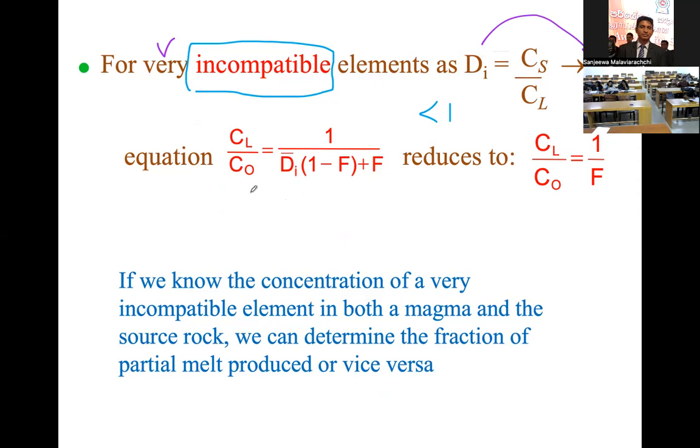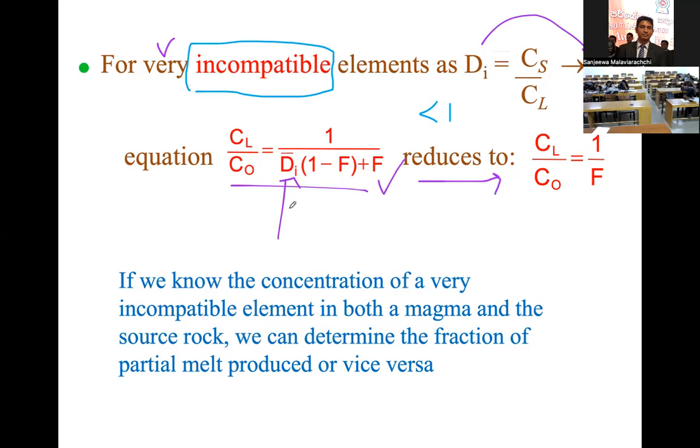So in the batch melting equation, which is this, if D is approaching 0, what happens? This entire term becomes 0, and then this can be reduced to 1 over F. Only this will remain, 1 over F.